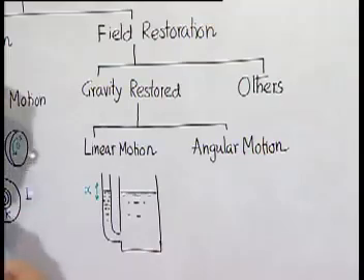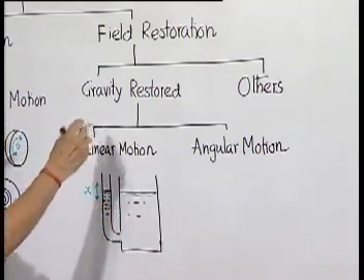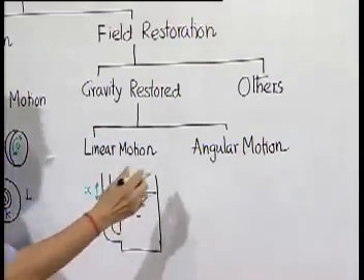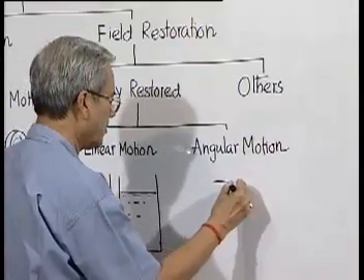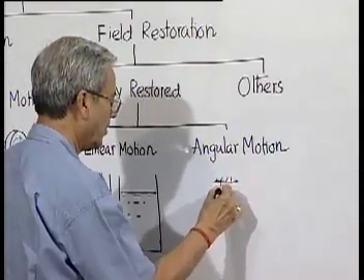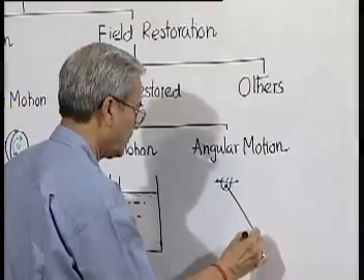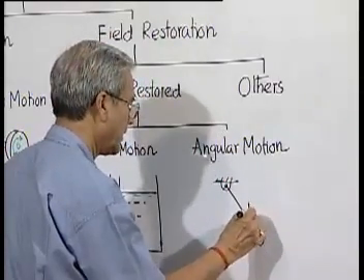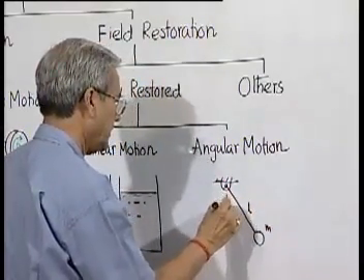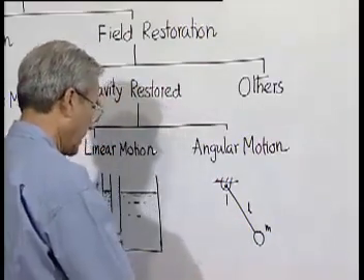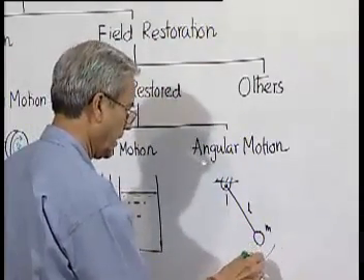The example of this is the linear motion which is gravity restored. The angular motion which is gravity restored is very commonly known and almost everyone is familiar with that. Here the motion is angular.